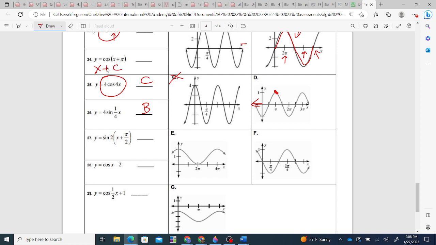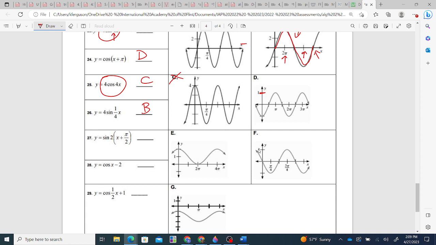Well, if it's x plus c, then that means it moved to the left. So it moved pi to the left. And that's all we got for this graph. Frequency is 1, so the period is 2 pi. And the amplitude is 1.